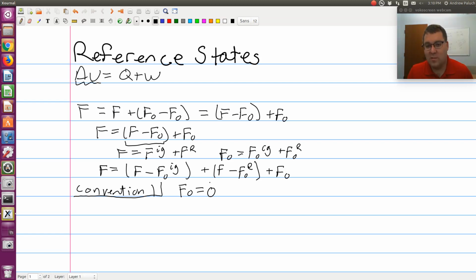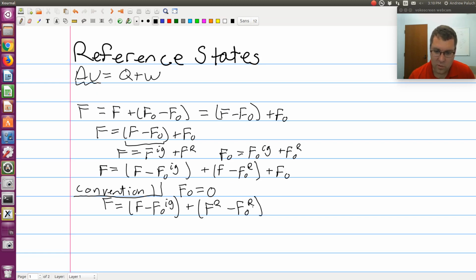If you think of the steam tables, at the triple point, the enthalpy and entropy of water are taken to be 0. So we define f naught as being equal to 0. Then I could calculate f as just f minus f naught ideal gas plus f residual minus f naught residual.